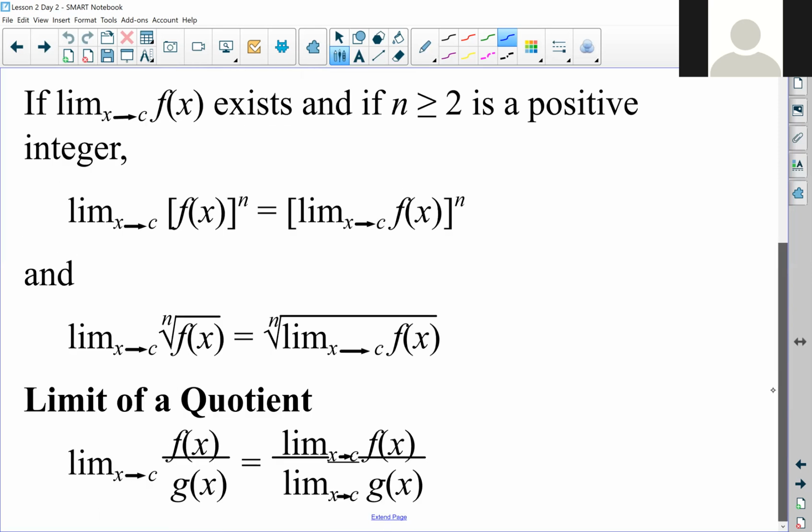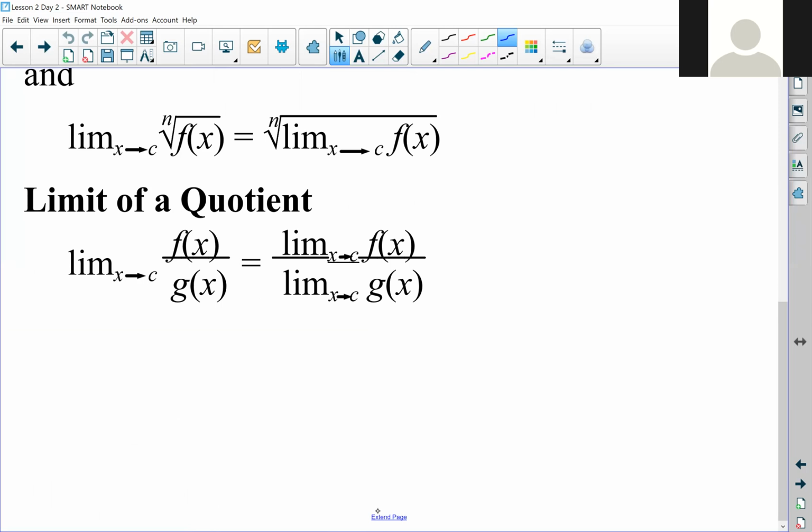All right, the fun one, the limit of a quotient. If I'm taking the limit as x approaches c of some function f of x divided by a function g of x, I can look at the limit of the numerator, the limit as x approaches c of f of x, divided by the limit as x approaches c of g of x.